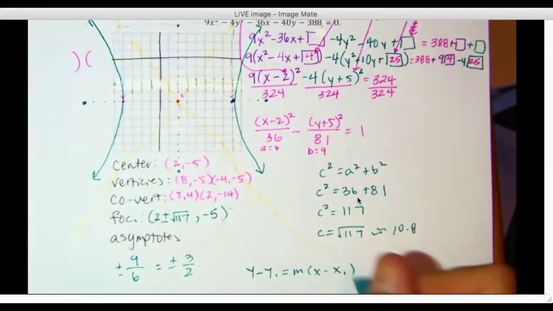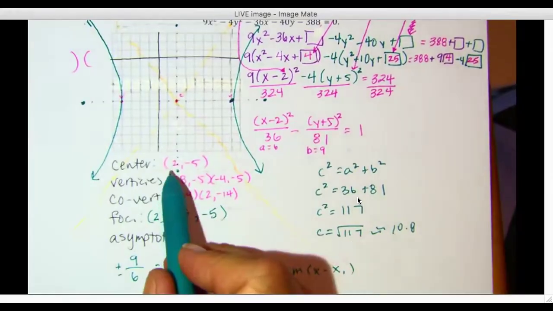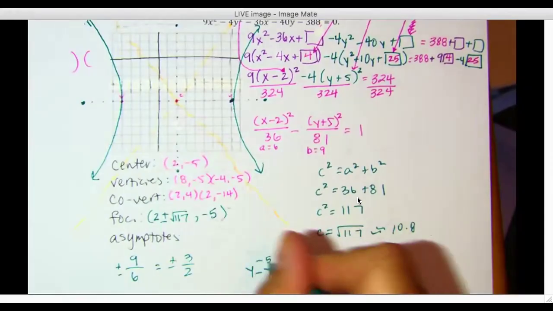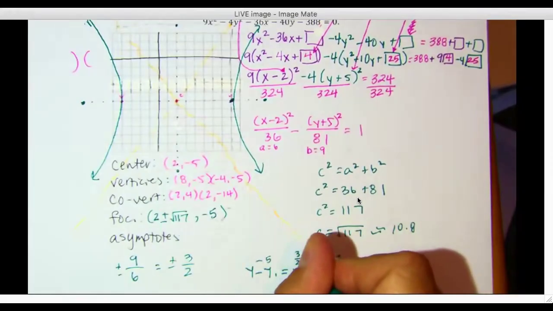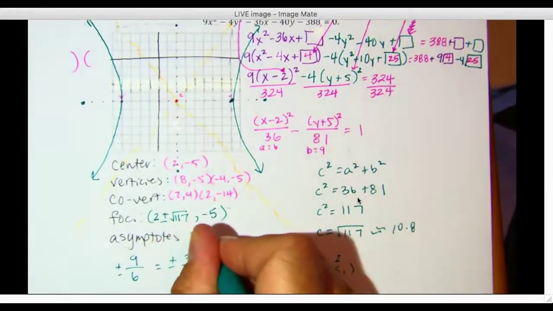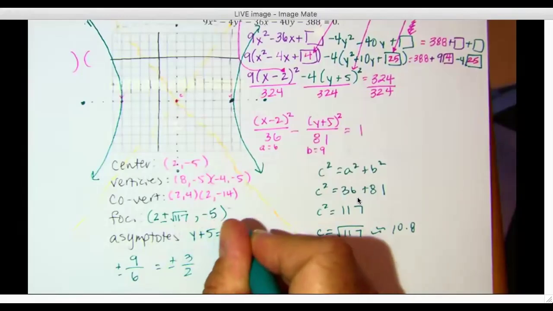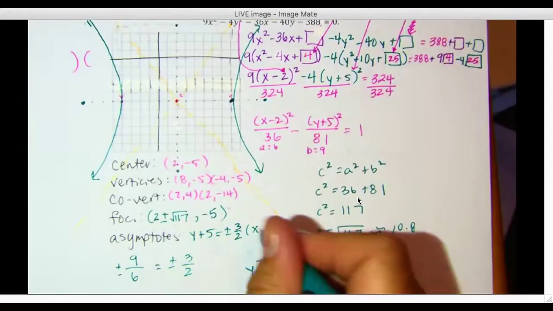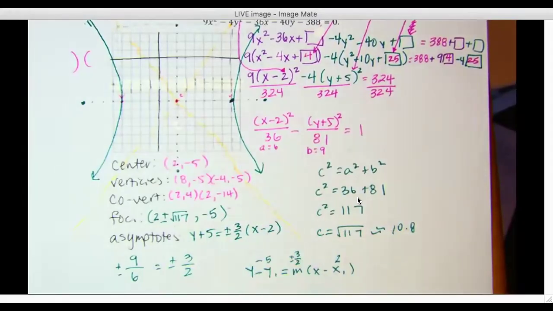Remember, we are plugging in our center. So my x value is 2, my y value is -5, and my slope is 3 over 2. So my asymptotes, plugging in -5, become y plus 5 equals plus or minus 3 over 2, and then in parentheses, x minus 2. And those are all of the pieces we needed to find. And that brings us to the end of section 2.